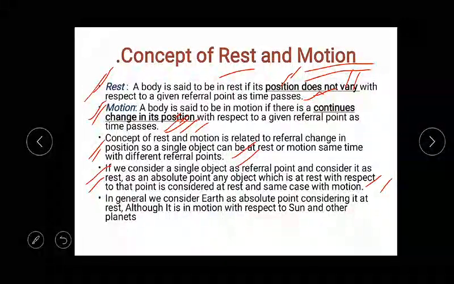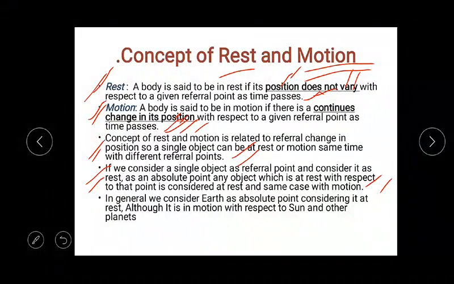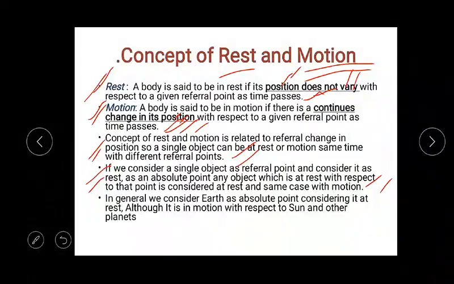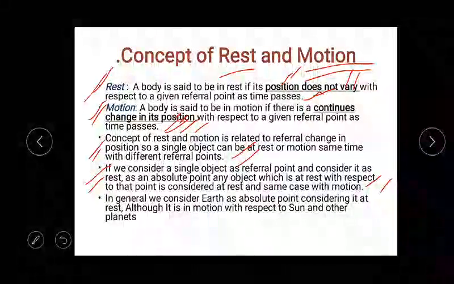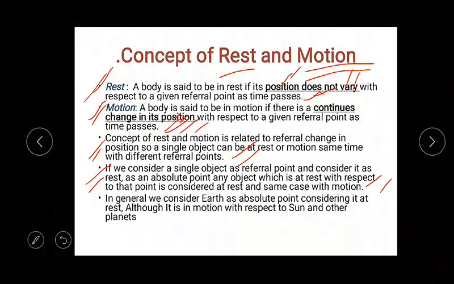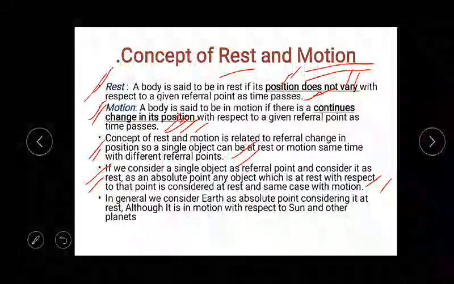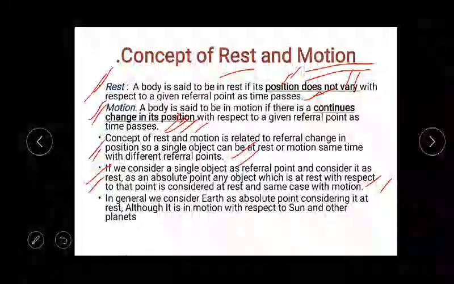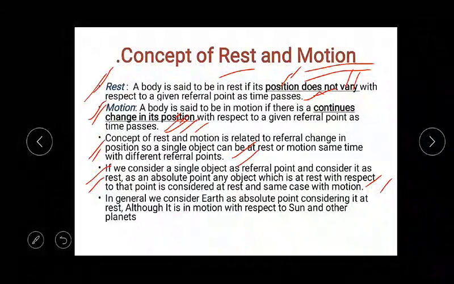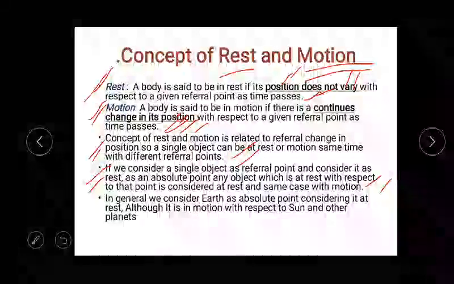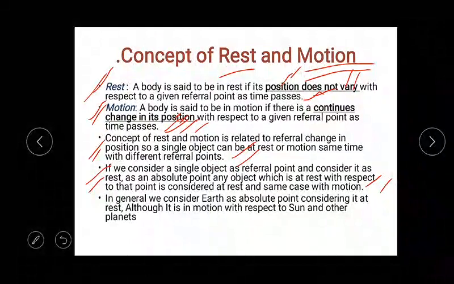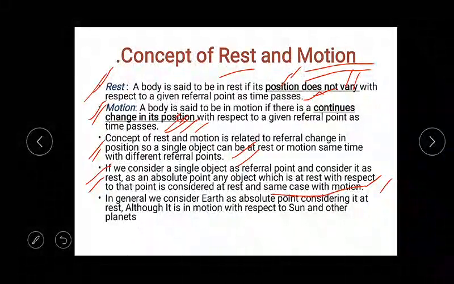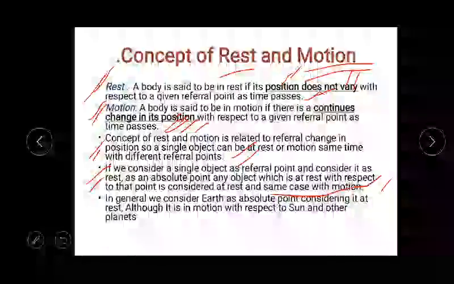So if we take an absolute referral point, then from that absolute referral point, if the position of an object is not changing, or the object is at rest, then that is the absolute state of that object. And the same we can derive for motion.